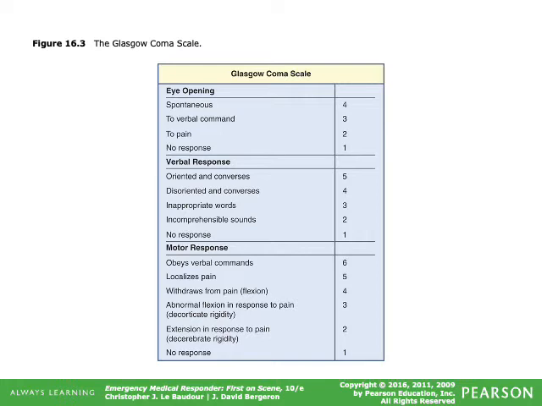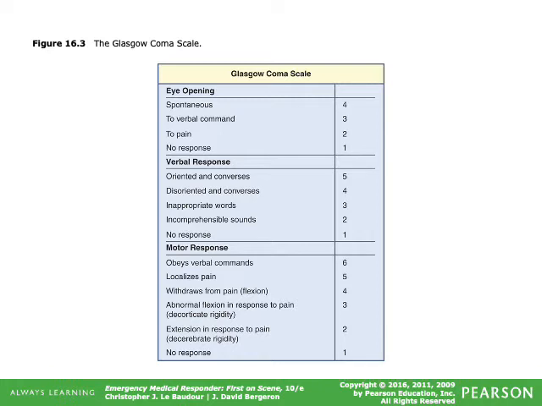All right, so for motor response, if I tell you to do something and you do it, it means you're obeying verbal commands. You're going to get a 6. If I inflict pain on your body and you reach to the source of the pain and try to remove it from your body, you're going to get a 5. That means you're able to localize pain. If you withdraw from the pain, which means I inflict painful stimulation to your body and you try to pull away, you're going to get a 4.